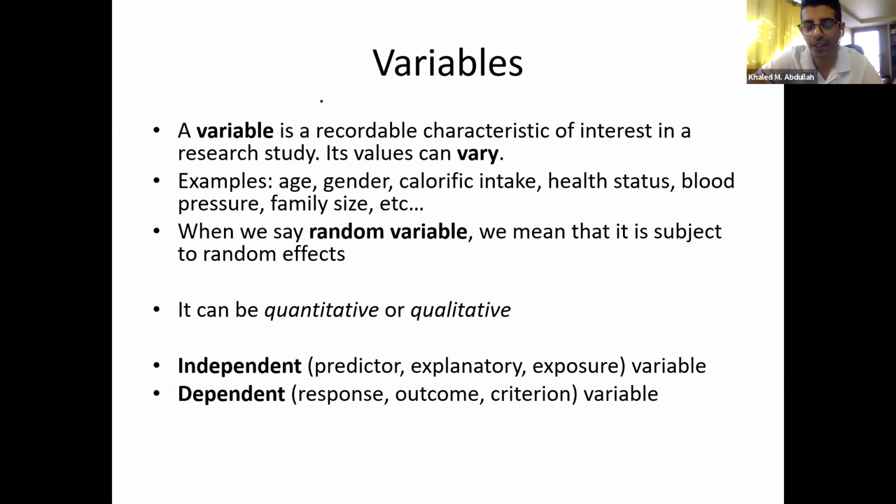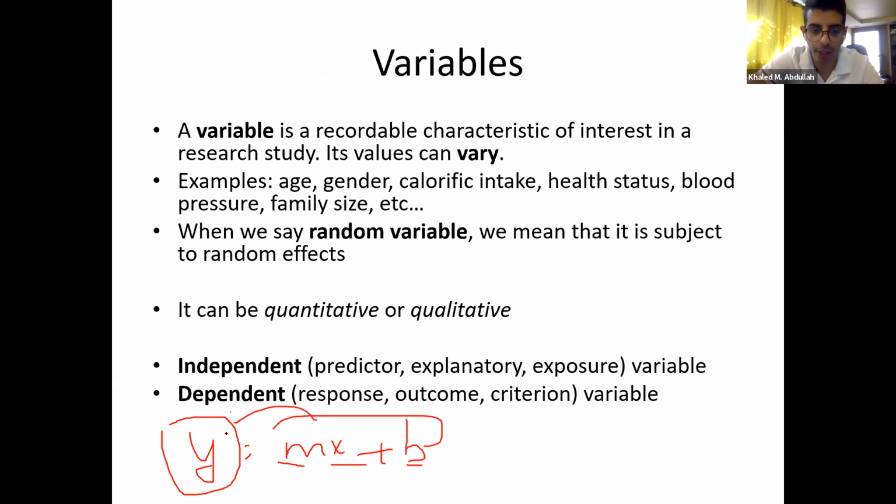So he starts off by giving you a little reminder about what variables are, and how variables can change. They can either be independent or dependent. For example, if you take y equals mx plus b, remember that m and b are constants. This is the slope, but x is the independent variable and y is the dependent variable, because you can change x freely, but then whatever answer you get becomes y. So y is not really as free to change. You can technically change it, but indirectly by changing x.